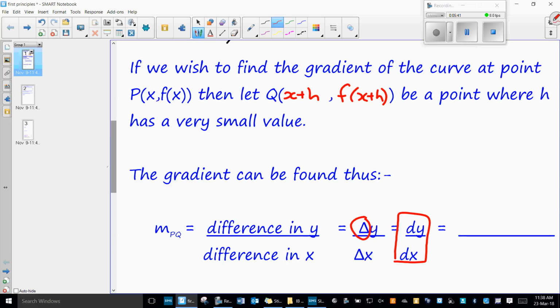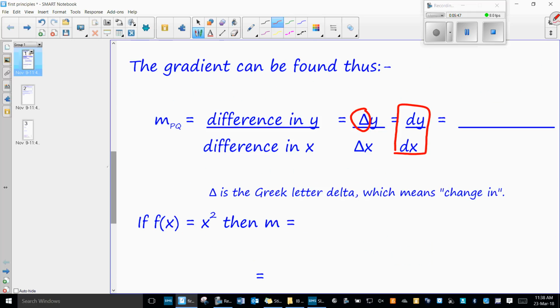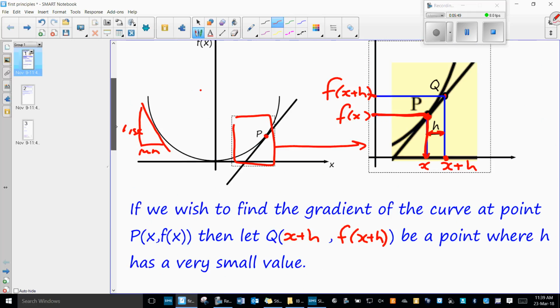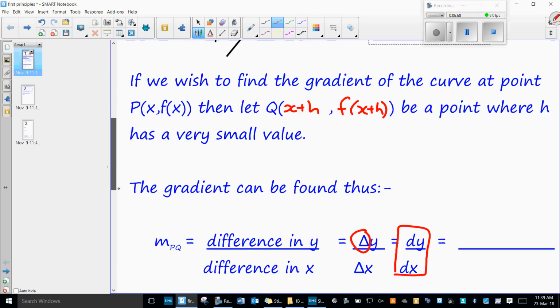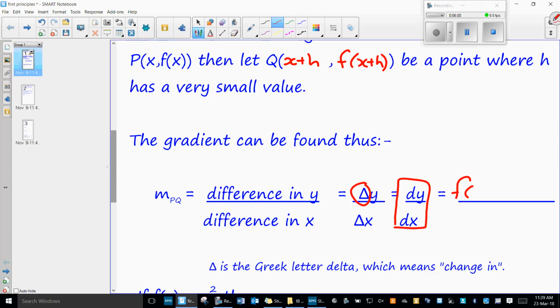So how am I going to find the difference in y? Think about it up here. If I go back up to the diagram, how am I going to find the difference in the y values? These are the two y values. What am I going to write? f of x plus h minus f of x. Perfect. And then what am I going to do to find the difference in my x values?